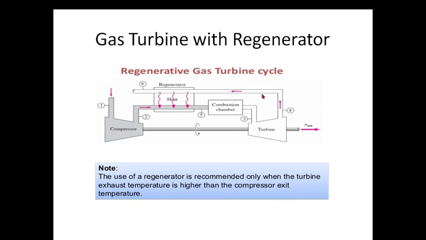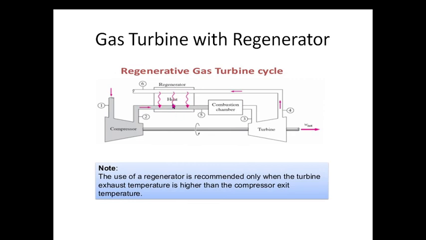Here you can see one line is coming from the turbine, and from the turbine we get the exhaust gases. So this is the exhaust gases line, and this is the other line which is coming from the compressor. From the compressor we are getting the compressed air.